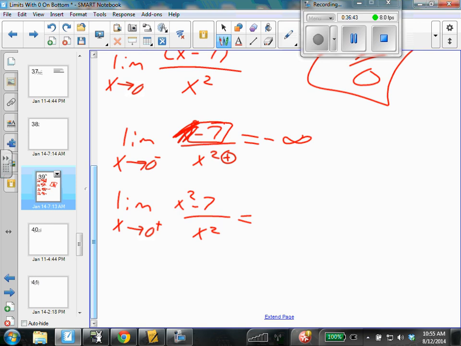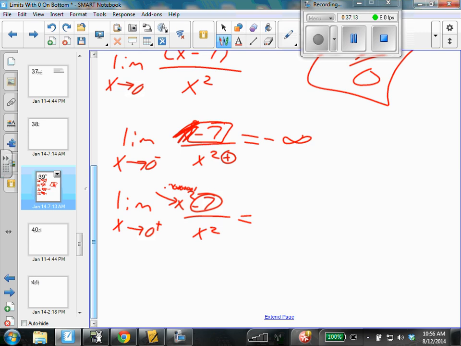Now from the right, a small positive number. So if we plug it in here, it's going to be something really, really little, and a positive squared still makes a positive. So something really, really tiny, a bunch of zeros, and we're going to take that away from negative 7. Really not going to change the negative 7 by much, right? So primarily the 7, that's what's in charge up there, okay?